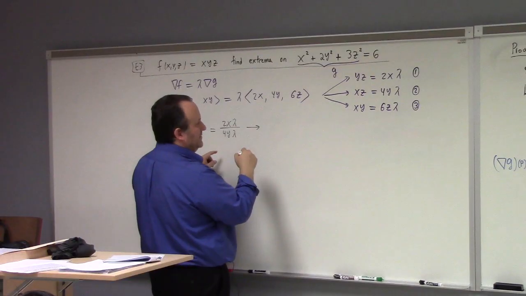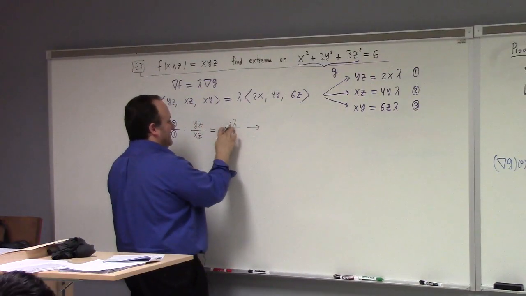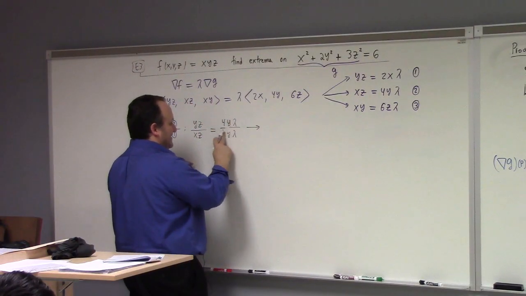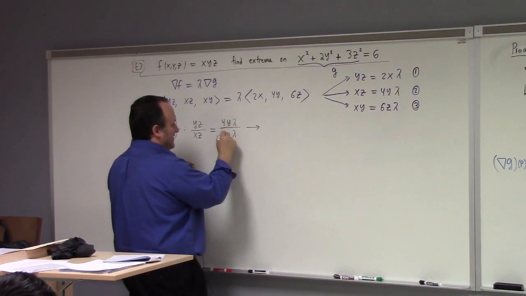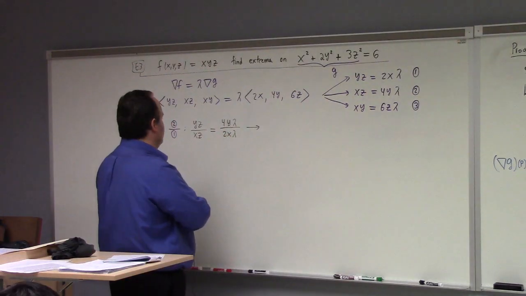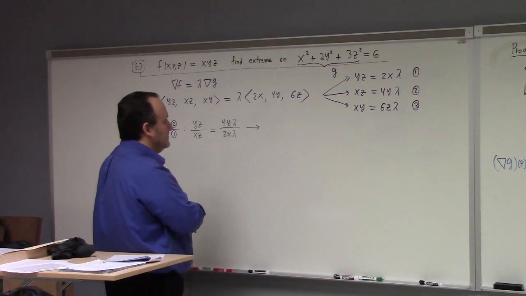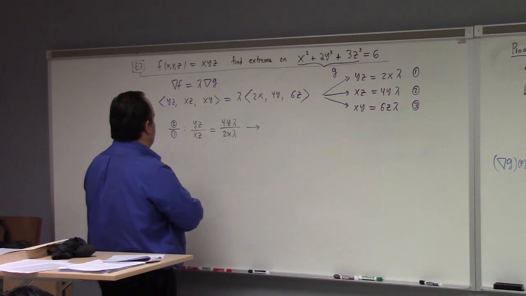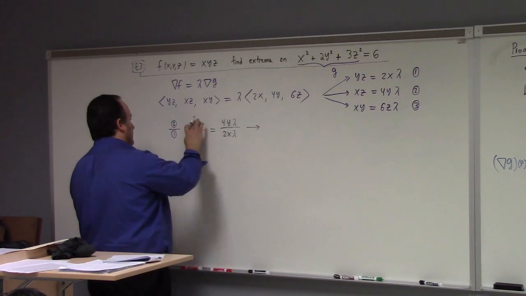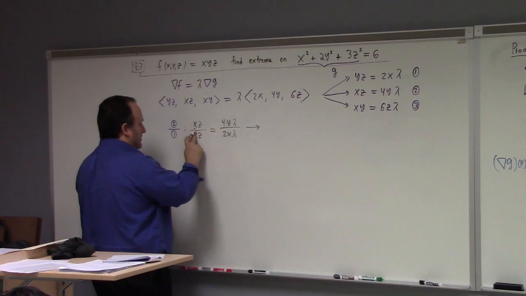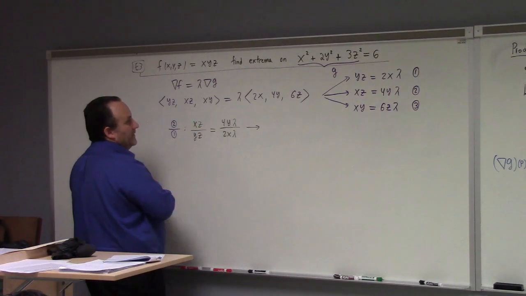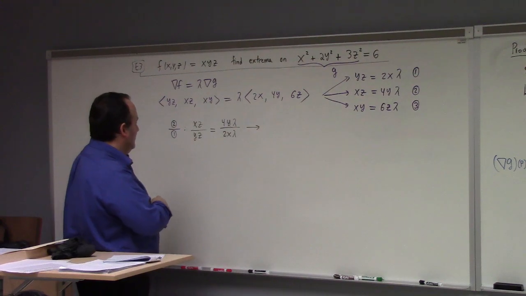Oh, did I mess it up? Yeah, watch out for that. Don't let me do that. Thank you. It's xz over yz, and the 2 over 1. Fair enough. Yes, I am bound by my notation.